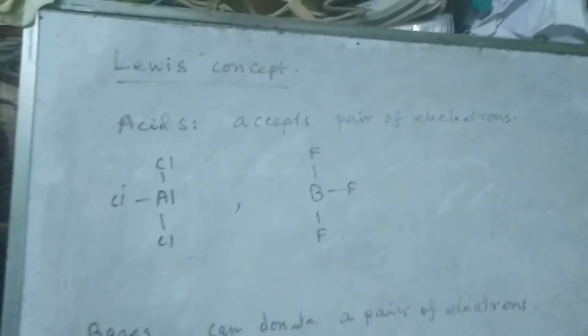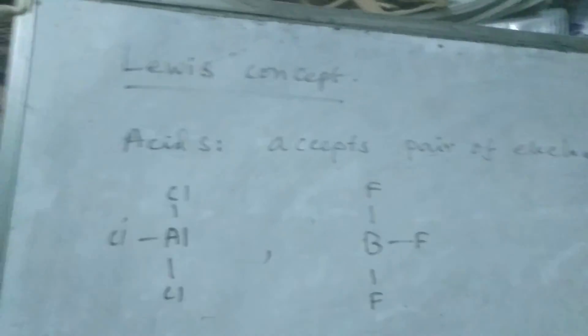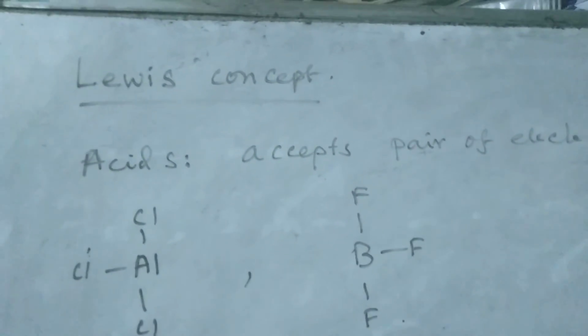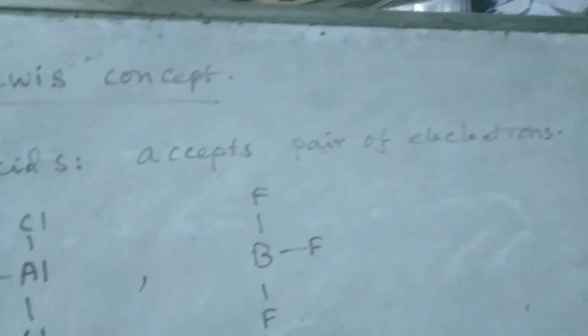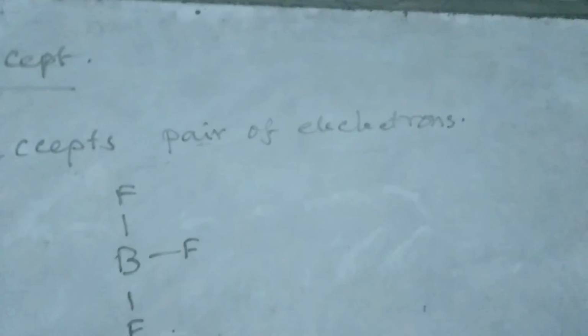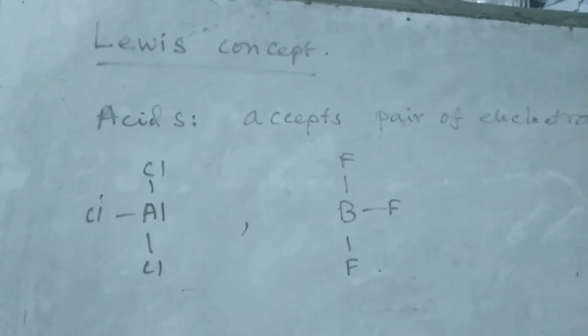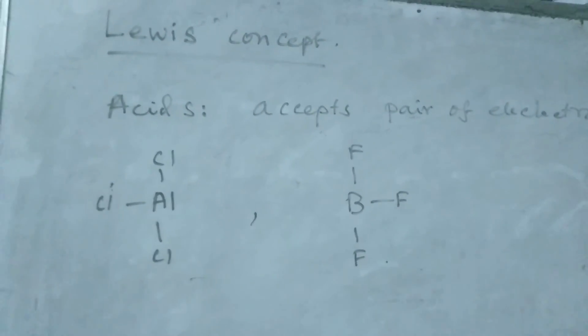Now we come to the Lewis concept. According to the Lewis concept, acids are those that accept a pair of electrons. It is a generalized idea, so that more and more things can be thought of as acids.